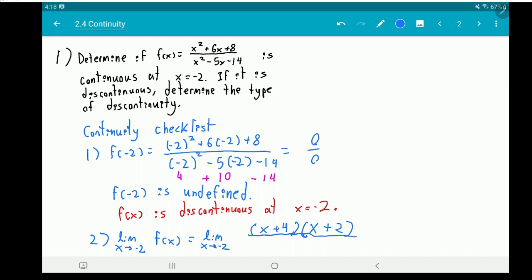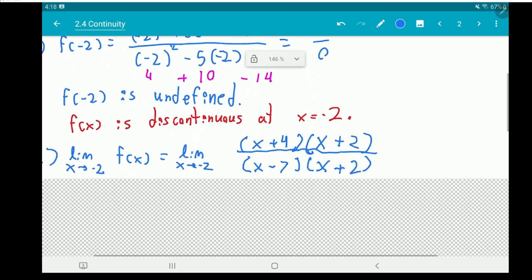On the bottom, we need two numbers that multiply to be minus 14, so they have different signs from each other, and they need to add to be minus 5. Now if we think, that's a minus 7 and a plus 2. So x minus 7 and x plus 2.